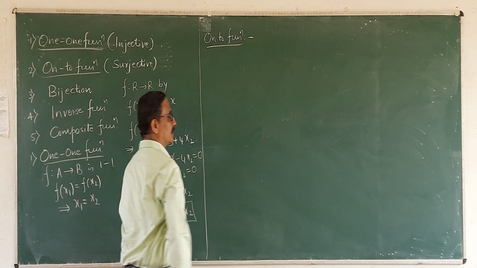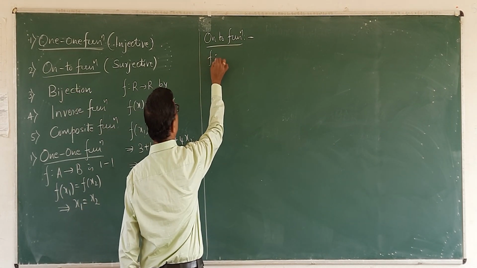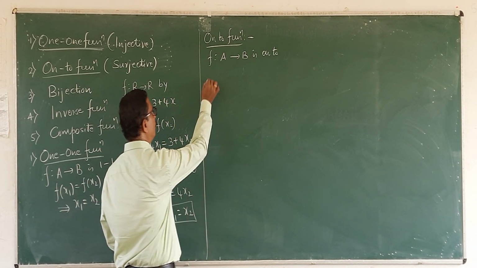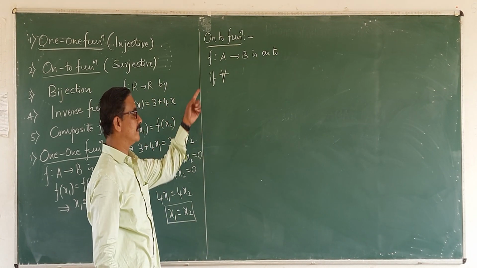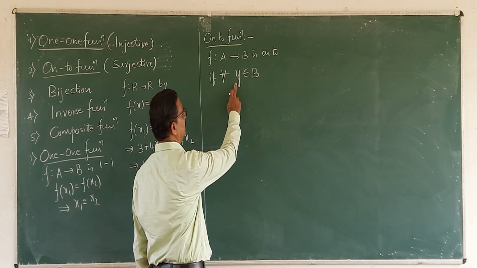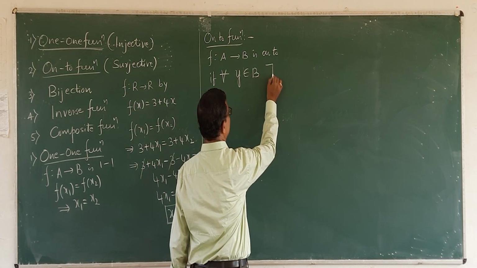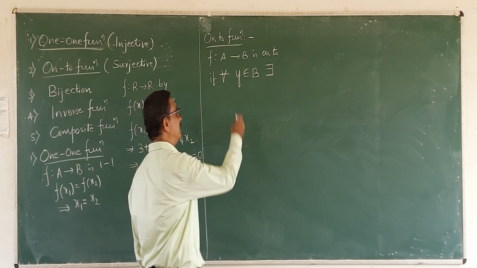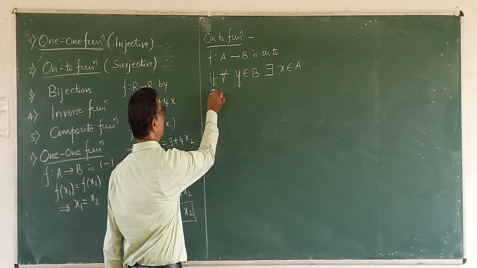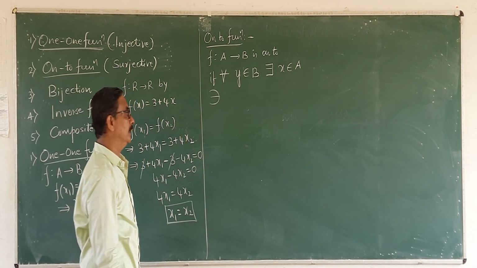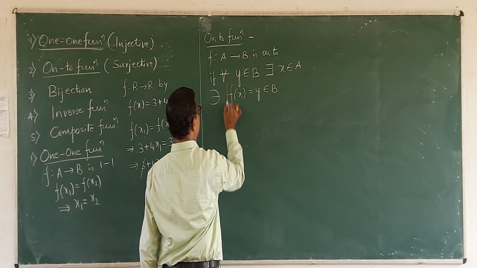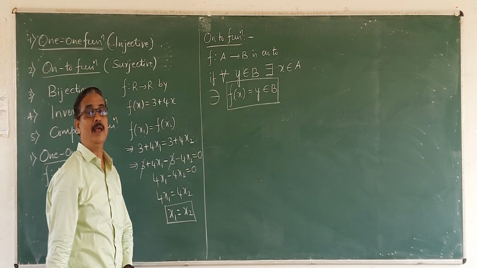Remember, a function f from A to B is said to be onto function if for every element, say y belongs to set B, the codomain, there exists an element x belonging to set A such that the image of the function f of x is equal to y. If this condition is satisfied, then it is said to be onto function.